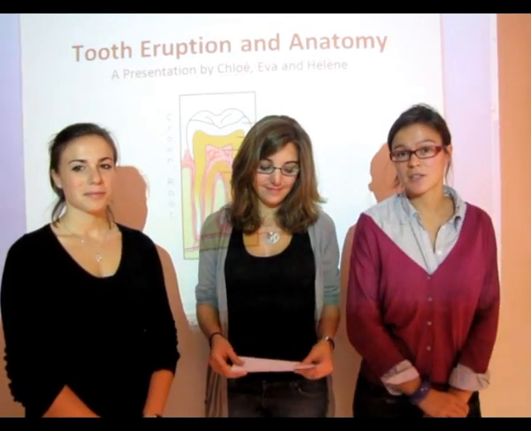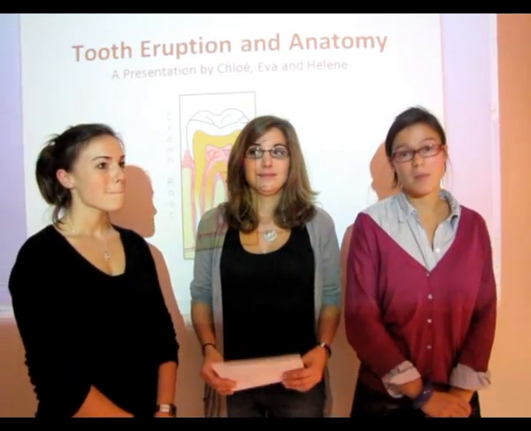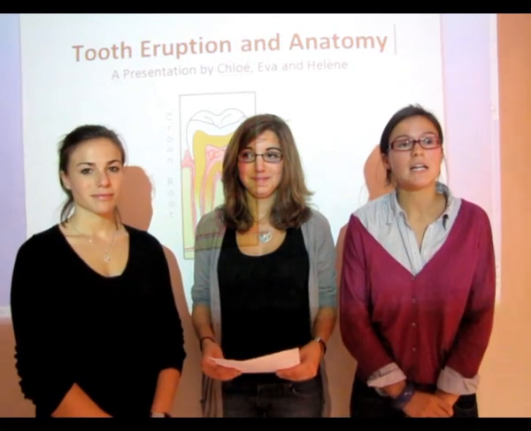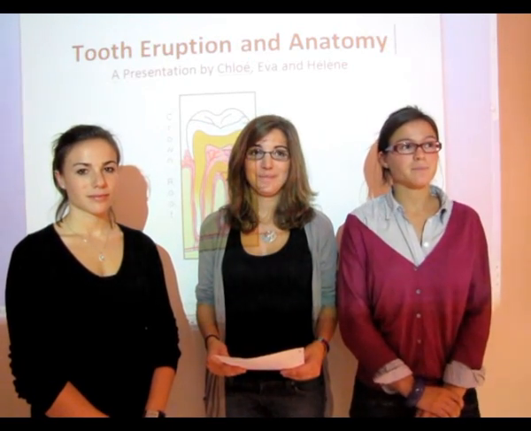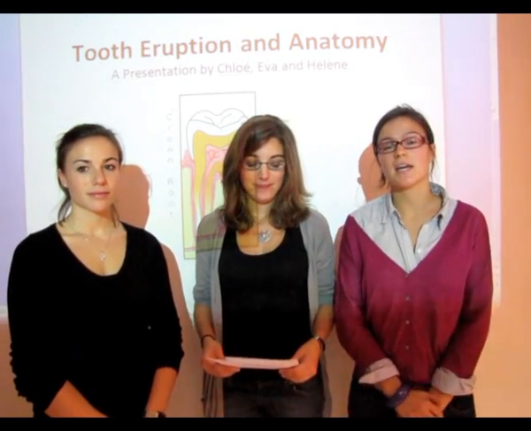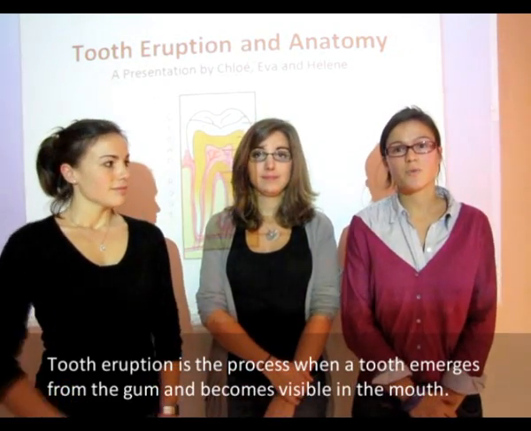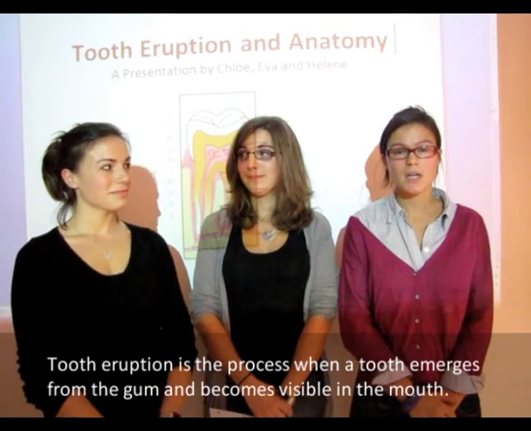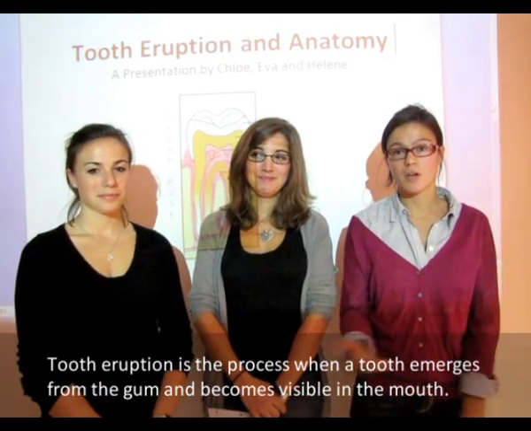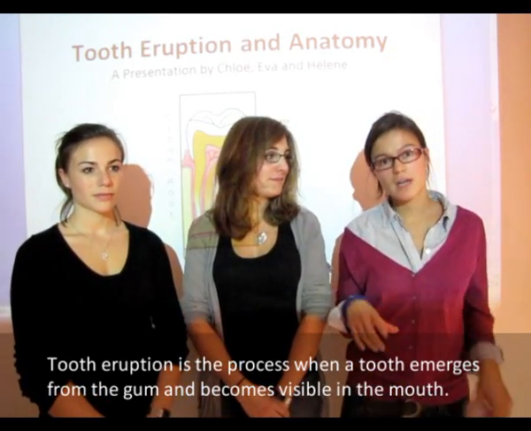So I'm going to talk to you about primary teeth or milk teeth. Firstly, tooth eruption is the process when a tooth emerges from the gum and becomes visible in the mouth.